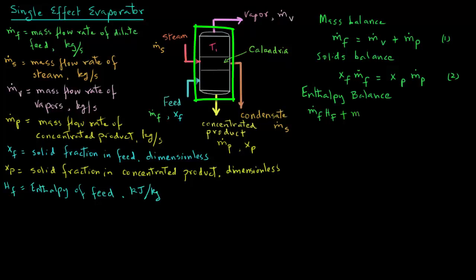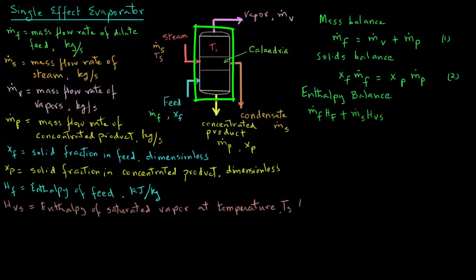So we have m dot s, the mass flow rate of steam, times HVS, where HVS is the enthalpy of saturated vapor at temperature Ts, that is the saturation temperature of steam, and the units will be kilojoules per kilogram. So the heat is entering this system either with the feed or with steam. These are the only two ways that heat is entering this system.